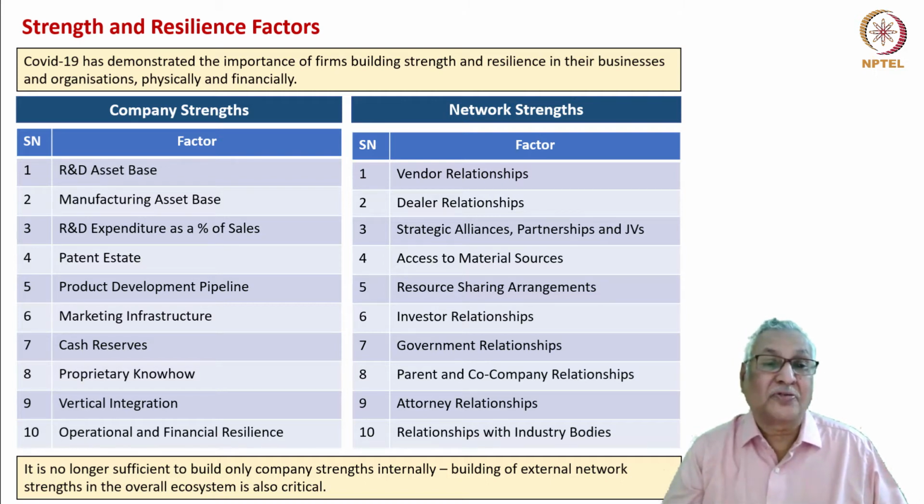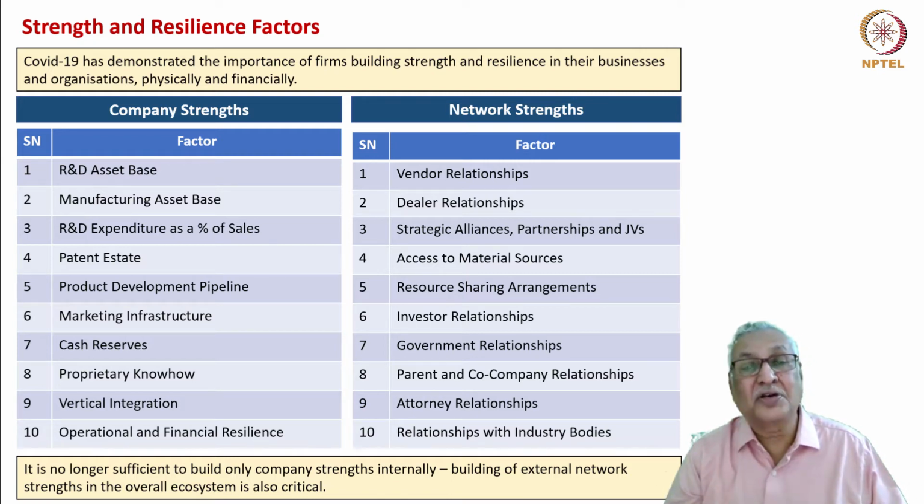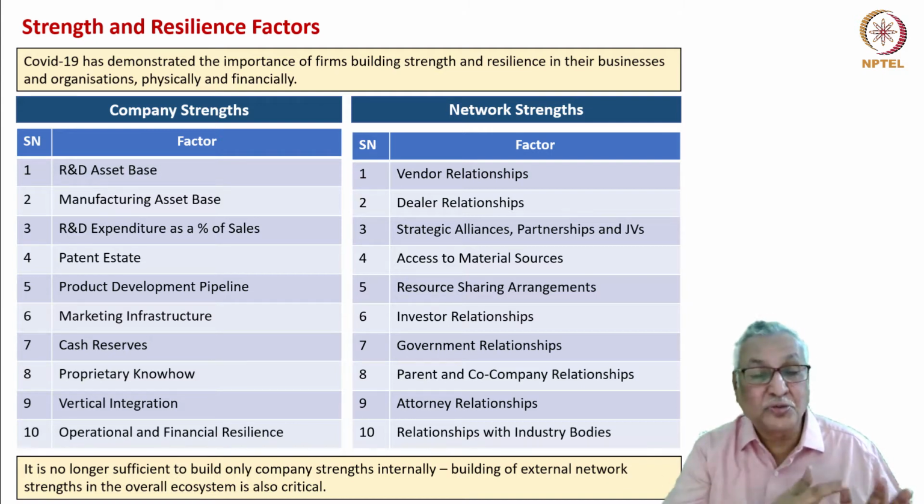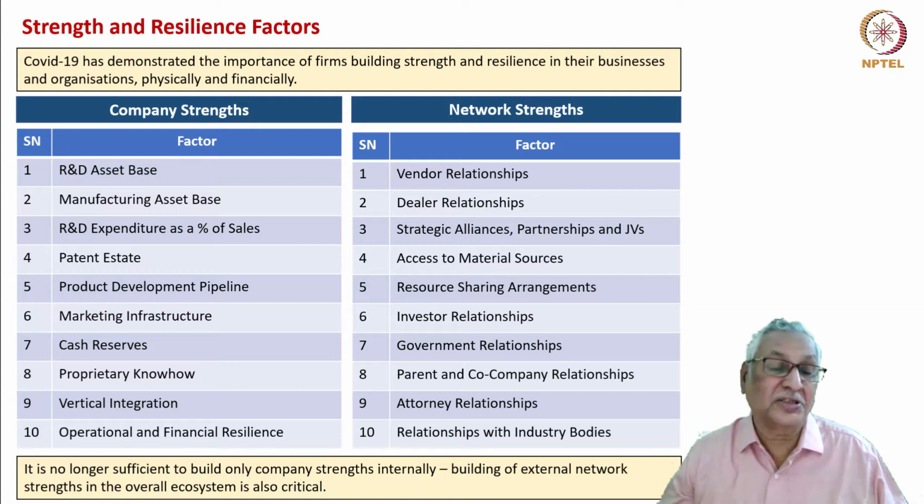The patent estate of a company, particularly in terms of the patent applications made and patent applications granted, and the jurisdictions in which such activities have taken place, are indicative of the company's strengths. Product development pipeline, in terms of its movement across the various stages of a product, again is an important indicator of the company's strength.